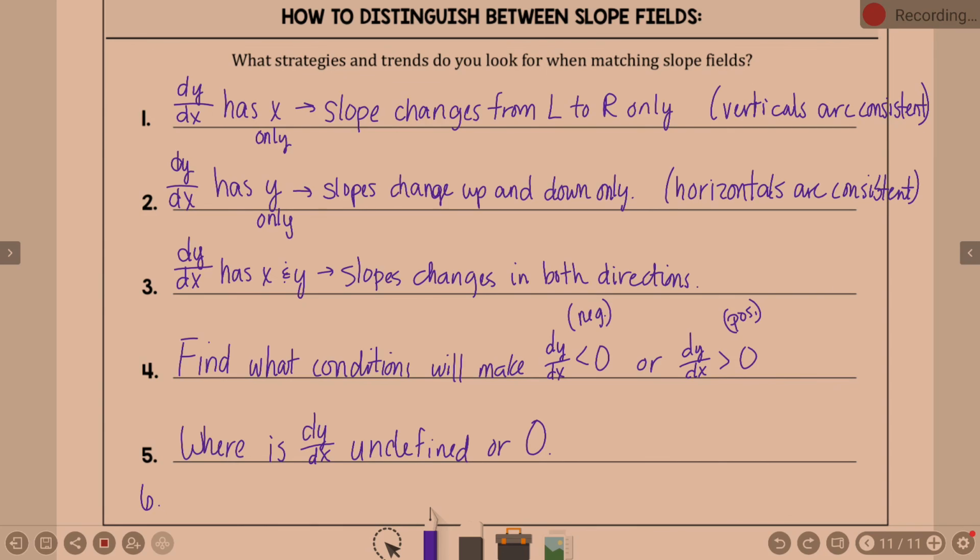There was one of them that was sine of y plus x. I tried to find some specific points to check and see what was going on there. So don't be afraid to do that. Check specific points in each quadrant.